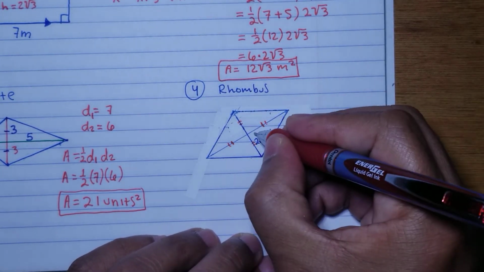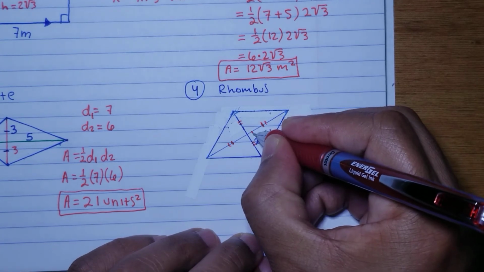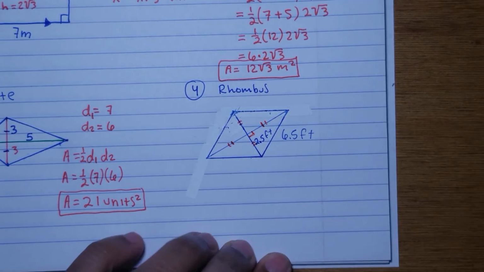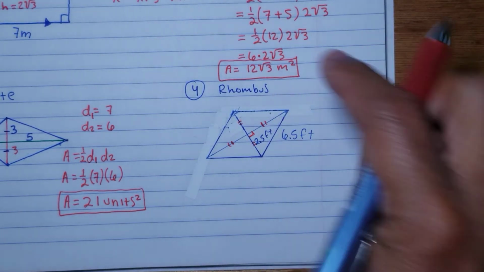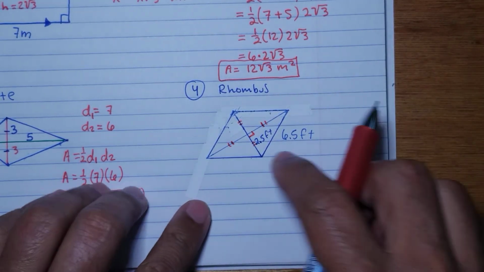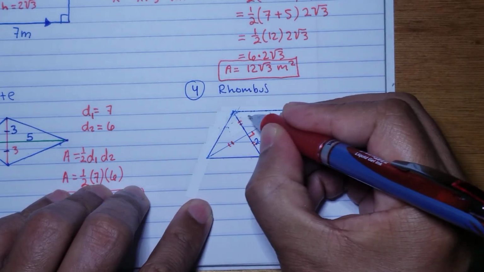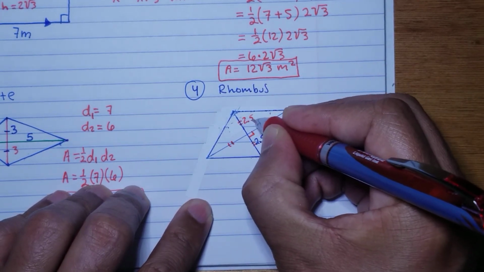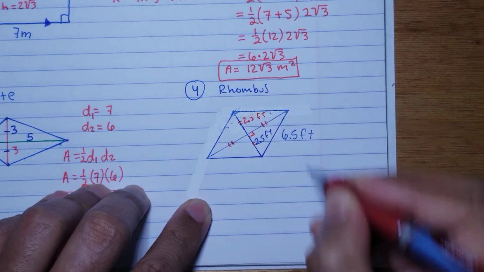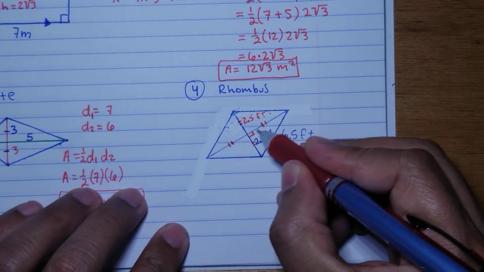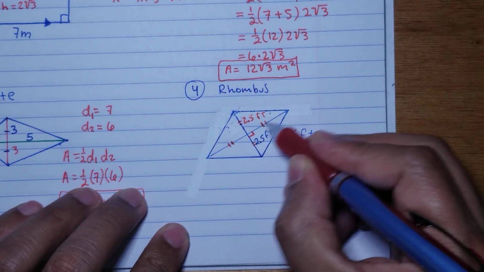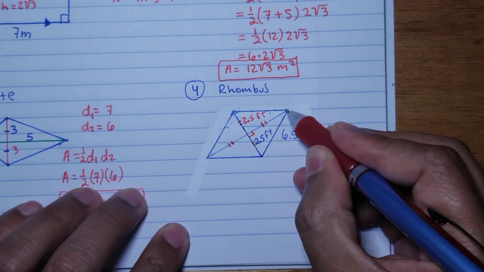And when the diagonals intersect, they form a right angle because they are perpendicular. That always happens in a rhombus, and it's two of the properties of a rhombus. So if this is 2.5, then this is also 2.5 feet.